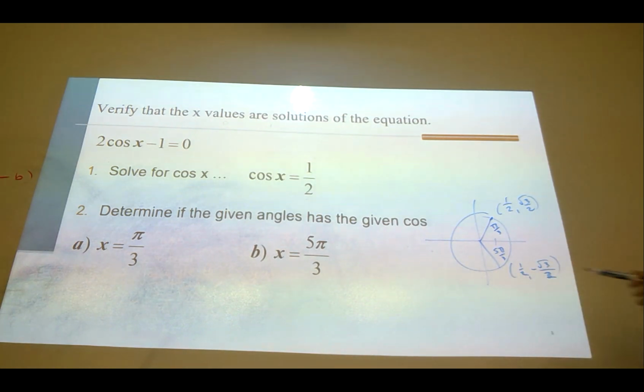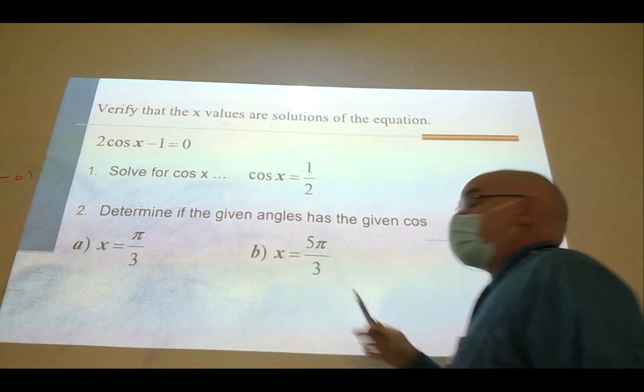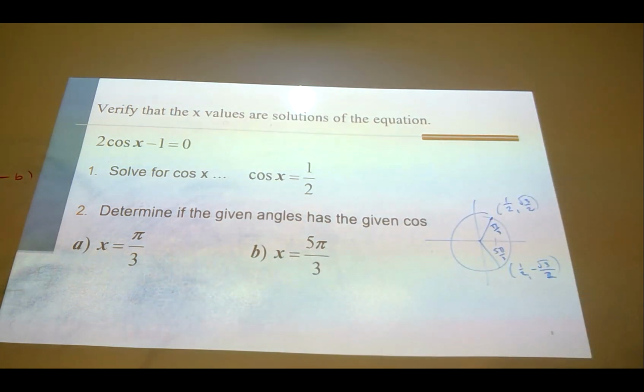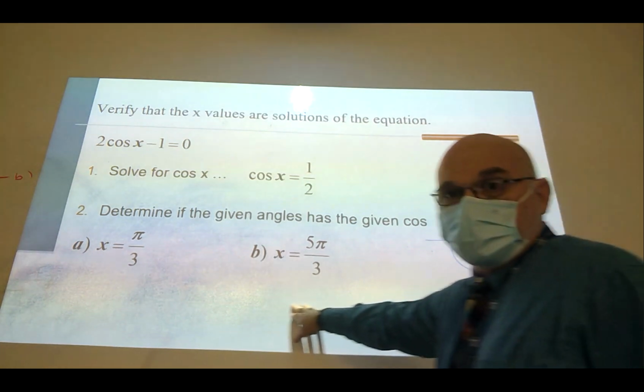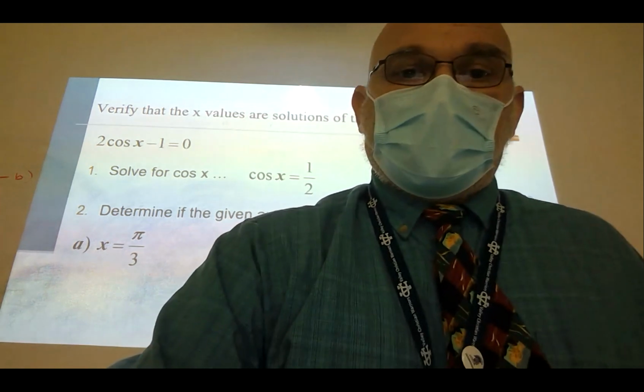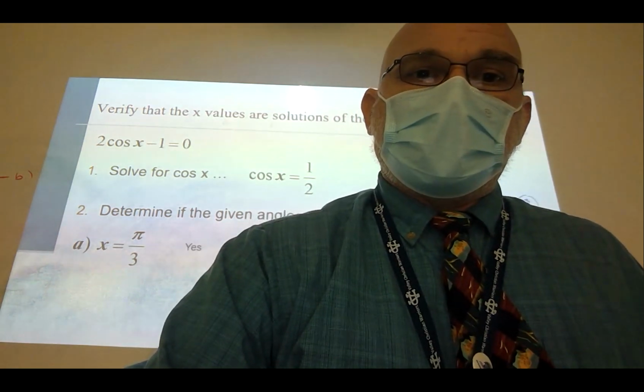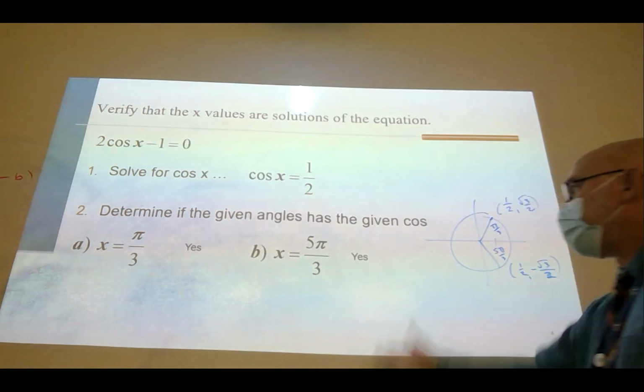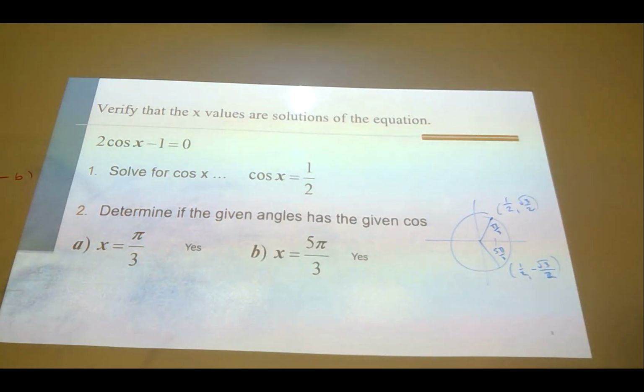So I've got two answers on the unit circle. Now remember that this function is periodic, so we actually have an infinite number of answers for this question, and we'll look at how to answer it if there's an infinite number of answers. But on the unit circle, these are going to be my two places. So they're both answers, right?